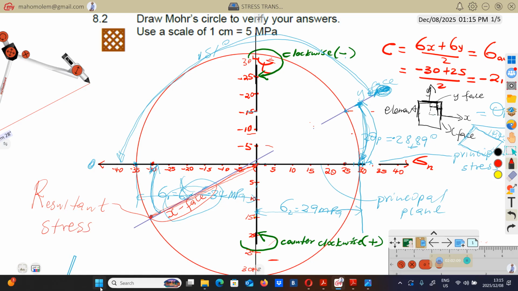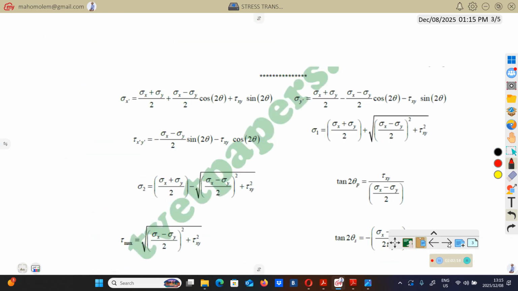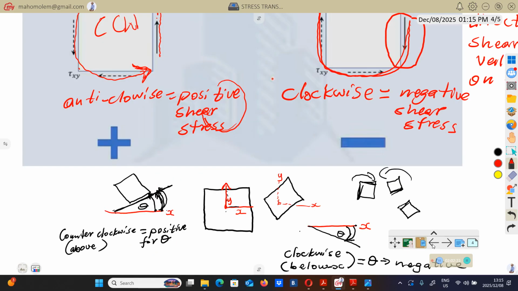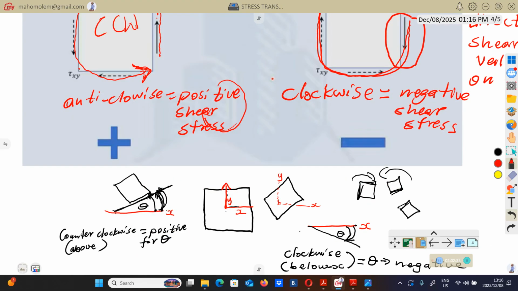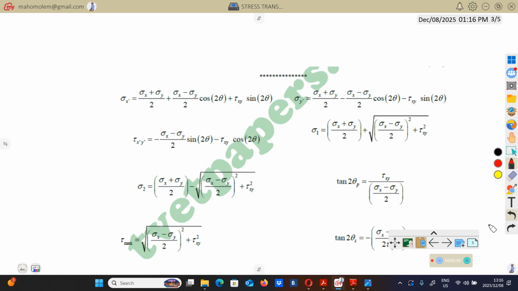With calculations, you tend to confuse these two formulas. Sometimes they will write R equals R, and this R that you will see here stands for radius.